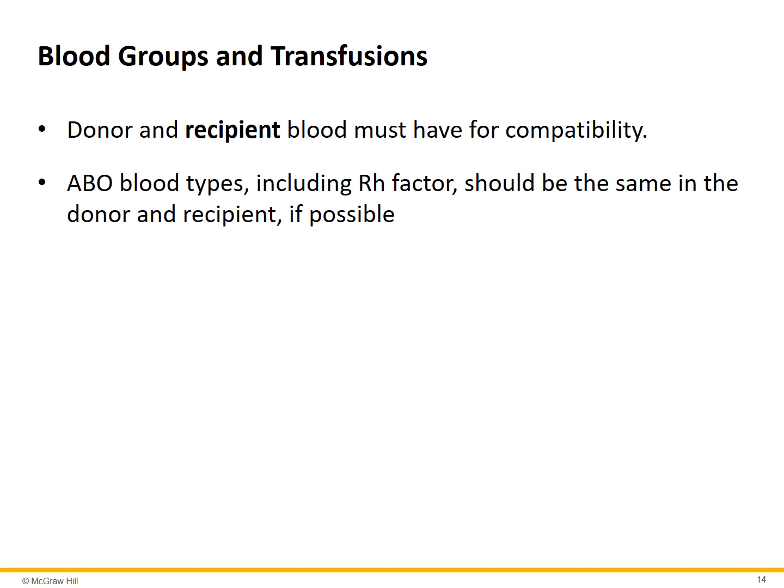Only a few can produce a transfusion reaction, and this is the ABO group. Okay, also including Rh factor. So these need to be the same between the donor and recipient, if at all possible. There are some blood types that can readily donate to everyone, but ideally, if you're A positive, you receive A positive blood.